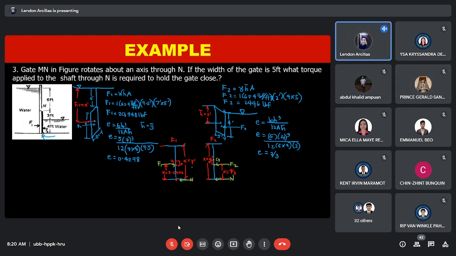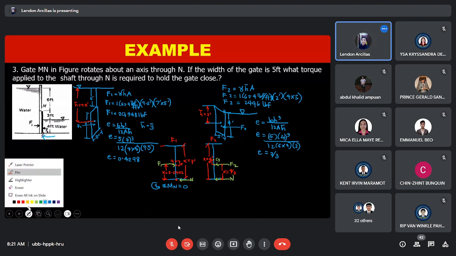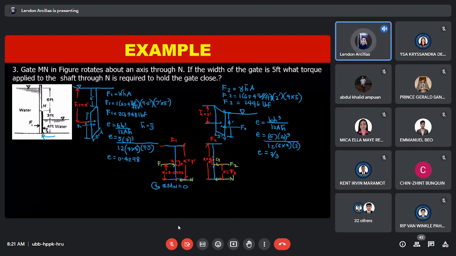Okay. So let's take moment at point N. Ang hinahanap pala natin is yung N. Okay? Yung N ang hinahanap dito. So summation, positive counterclockwise, summation of moment at N equal to 0. So ano yung magiging positive dito? Ang reaction ng F2 from point N is counterclockwise. Okay?